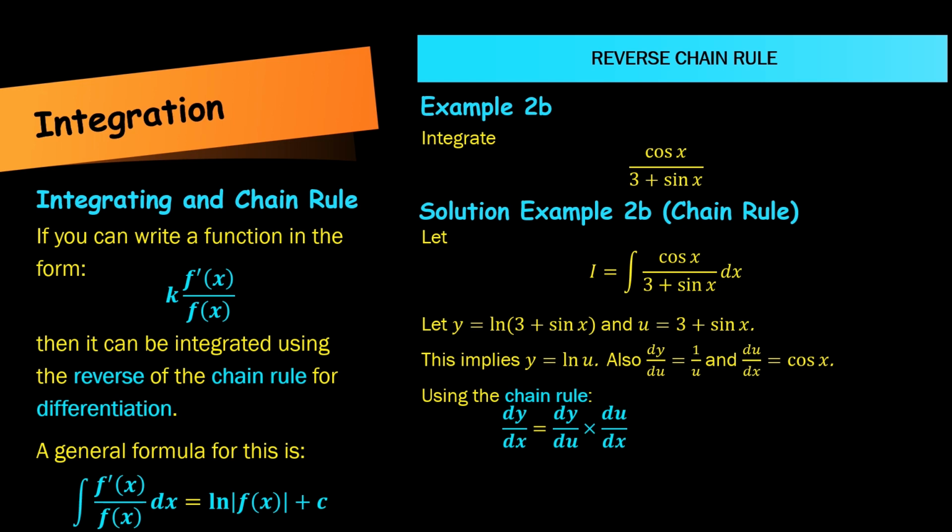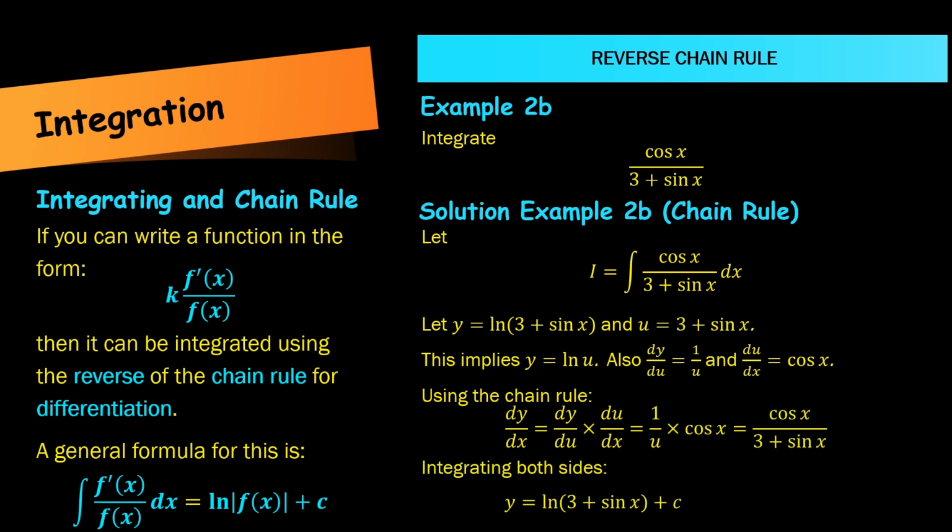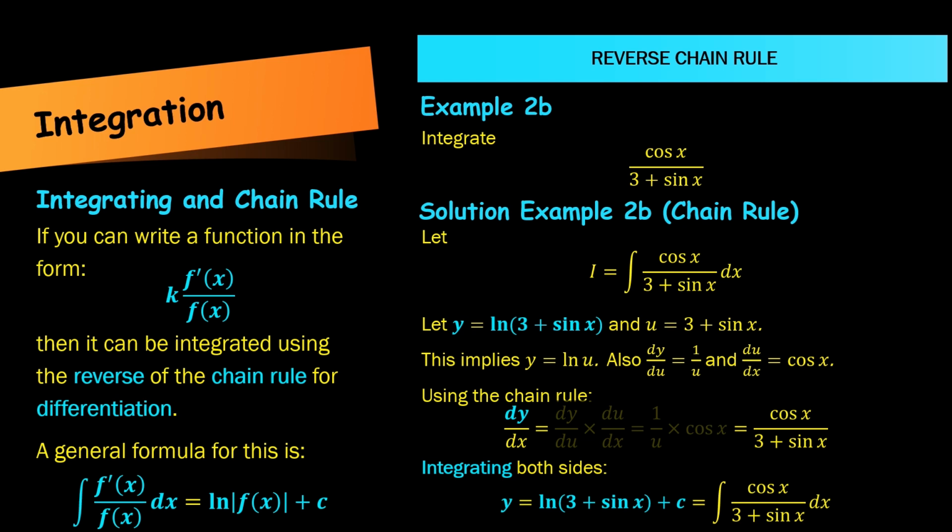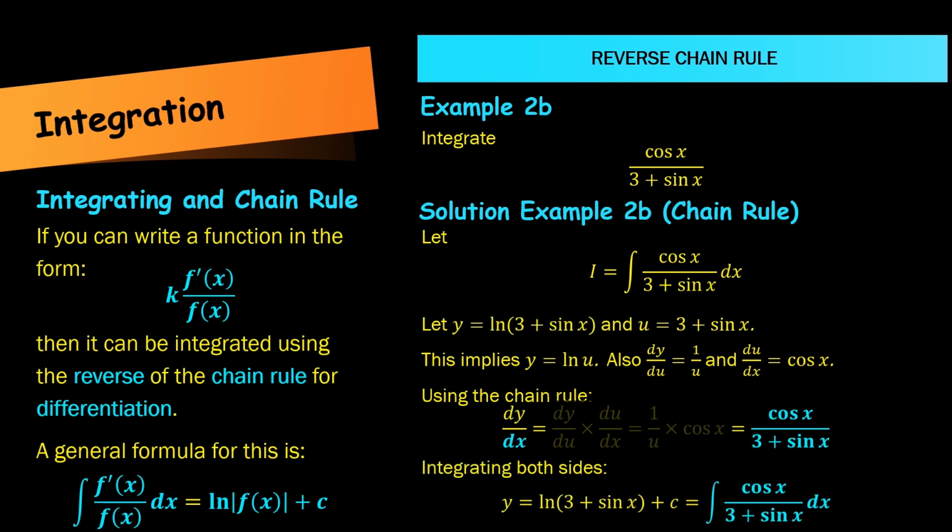Plugging this into our chain rule gives us that dy dx equals 1 over u times cos x. And this is equal to cos x over 3 plus sine x. If we integrate both sides, and of course remembering that y equals ln of 3 plus sine x plus c, we have that y equals the integral of cos x over 3 plus sine x dx.